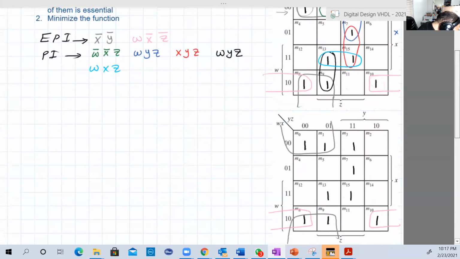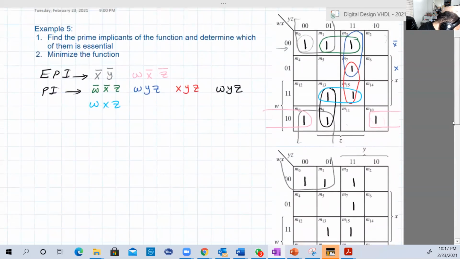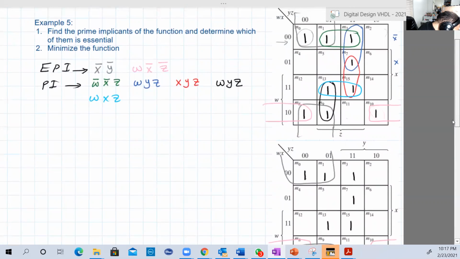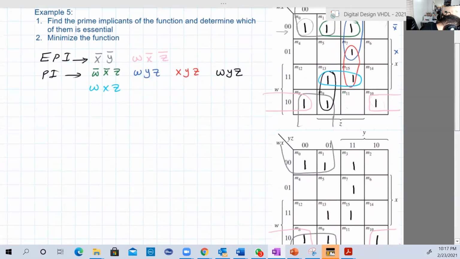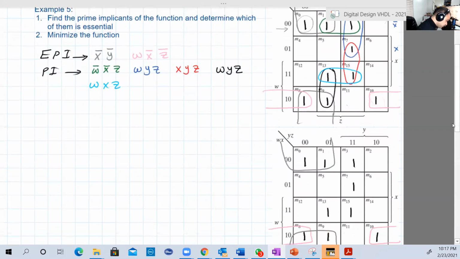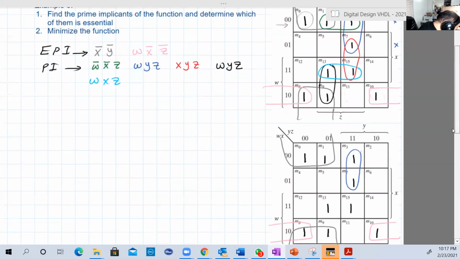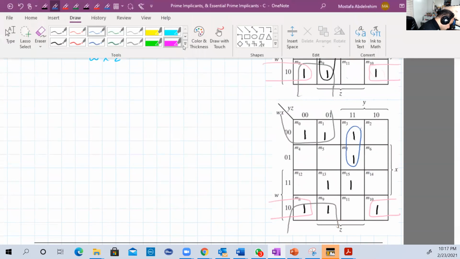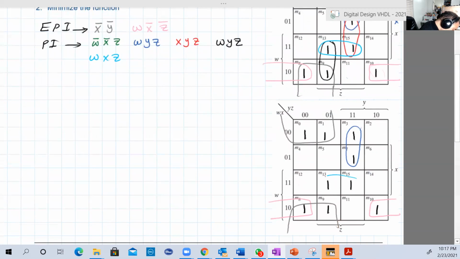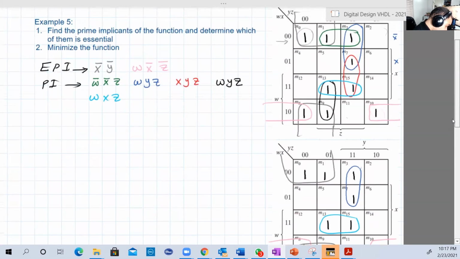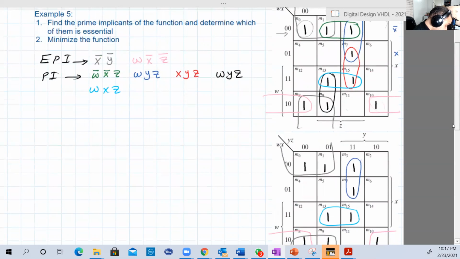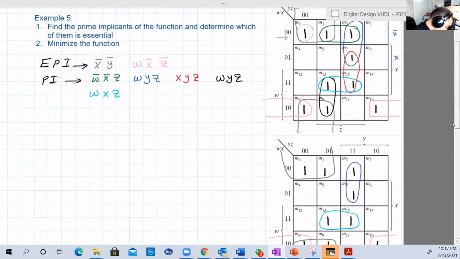But looks like a decent choice is to take the cyan and the blue. So this is the blue. If we take the blue, we're gonna cover those. If we take the cyan, we're gonna cover the bottom two ones, which is just the rest here. Okay. Yes, that's basically what we should do.